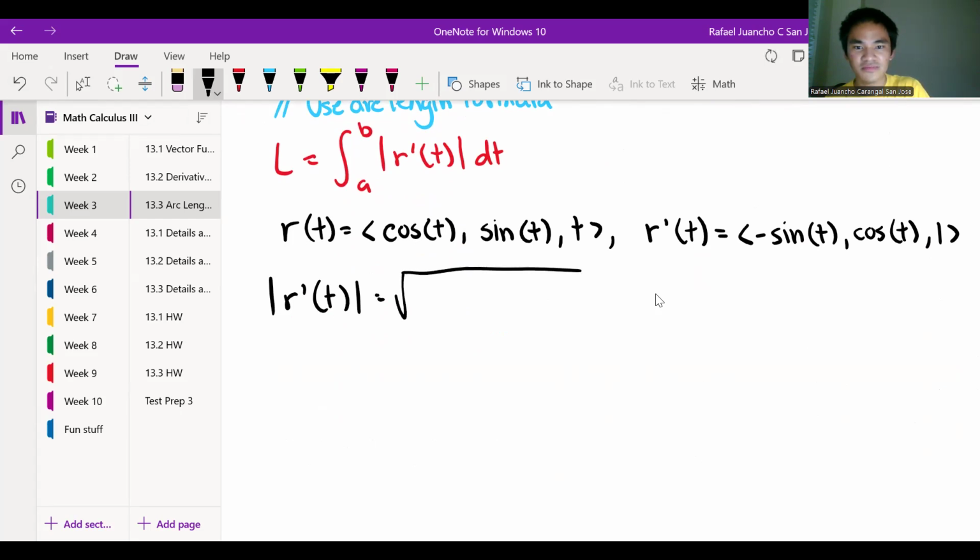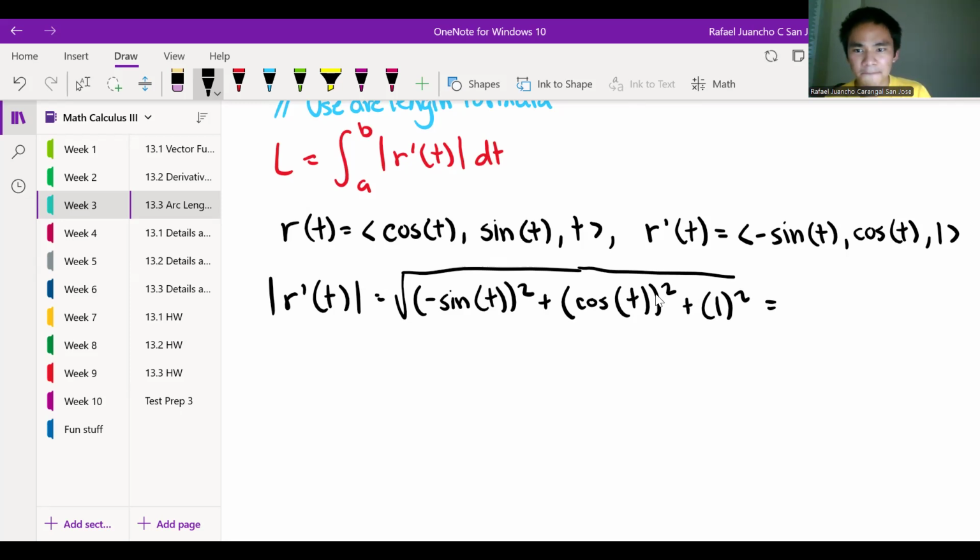The length is square root of this thing squared plus this thing squared plus 1 squared. What will this give me? Well, this is the same as cosine squared of t plus sine squared of t, which is just 1. That's a trig identity. So this is square root of 2.